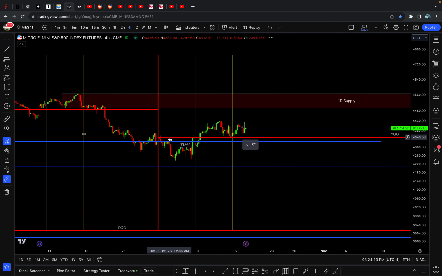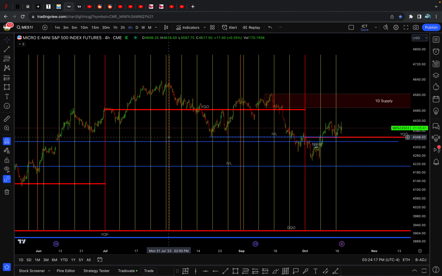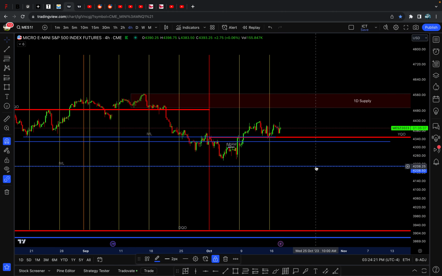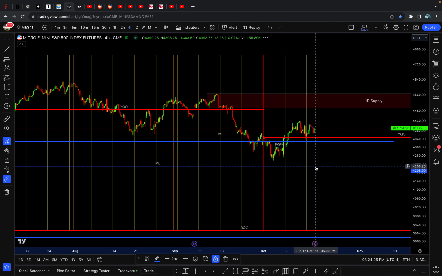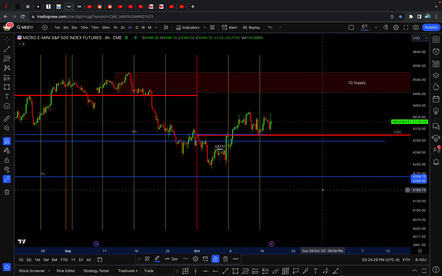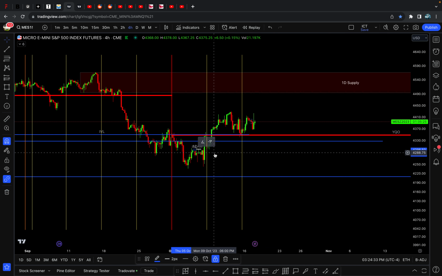So first we're going to go slow, step by step, so you don't lose your bearings. But we're going to have to zoom in. Okay, so we're bullish on the daily time frame. Keep that in mind. I want to show you this other pattern. I have to get rid of this.